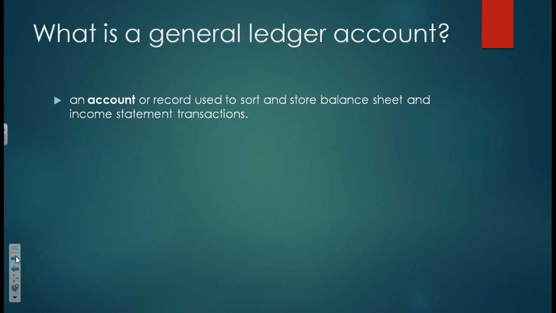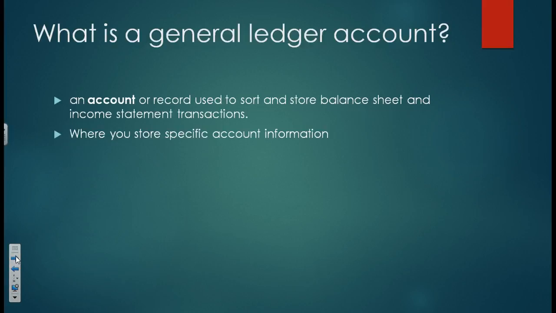Now I want you to think about that. We talked about a general ledger account being in like a book with a chart of accounts in the beginning, and then each of the accounts of the business was represented, and we could keep track of the individual balances as we go. But if we think about it, it is used to store balance sheet and income statement transactions.